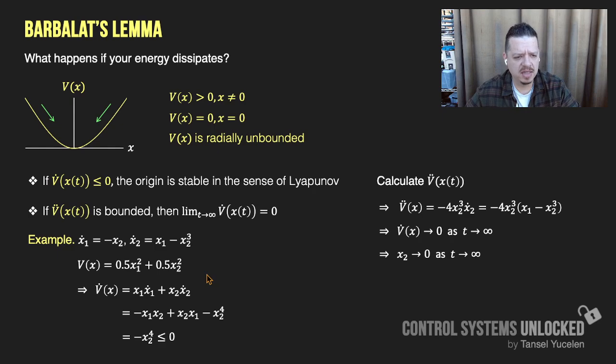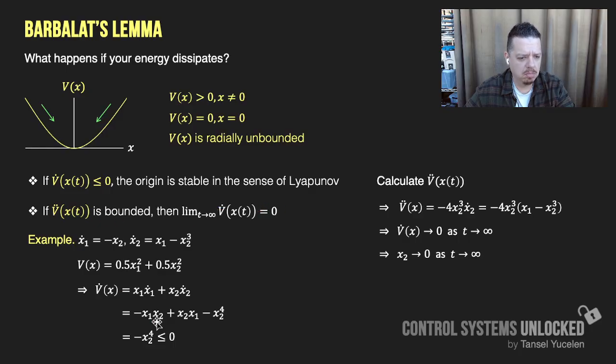So I need to investigate this case more. Whenever you have Lyapunov stability, Barbalat's lemma is one of the two ways to investigate what we mean by more. So it tells you the following: if v dot dot is bounded, this is a version of Barbalat's lemma at least, then v dot goes to zero as t goes to infinity.